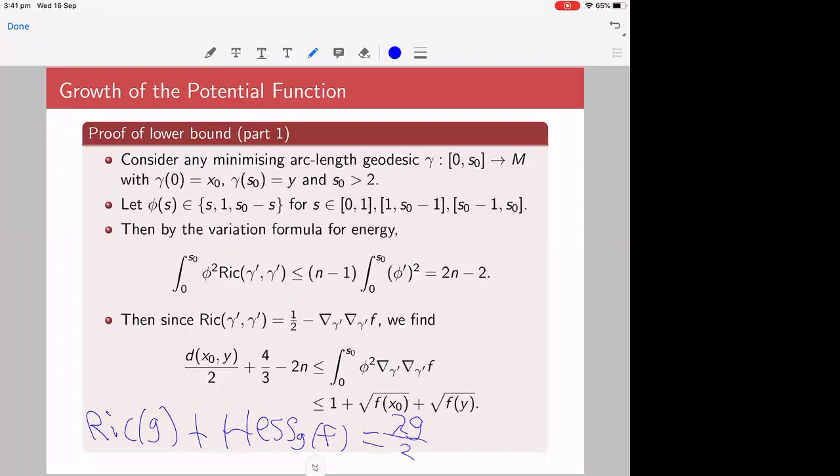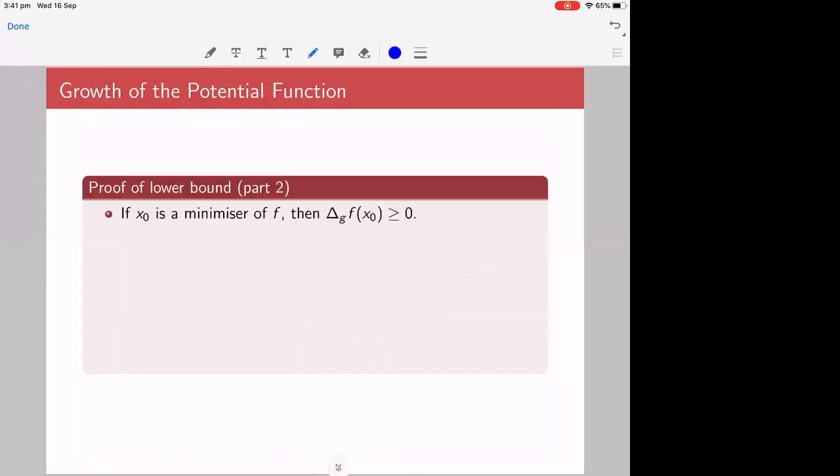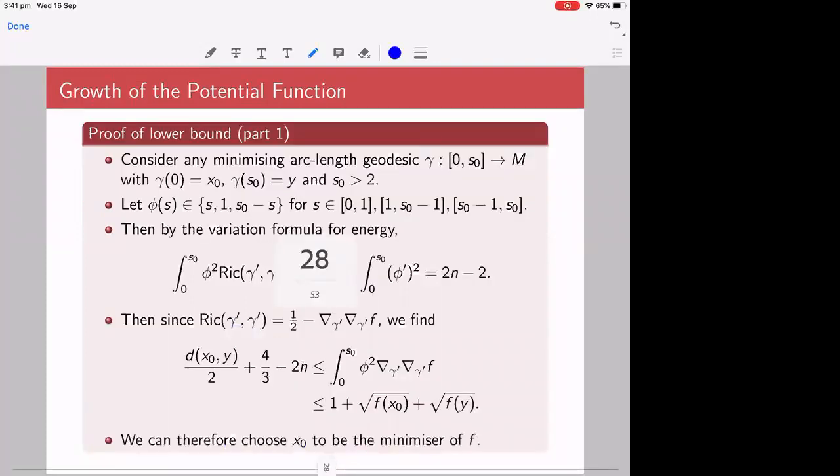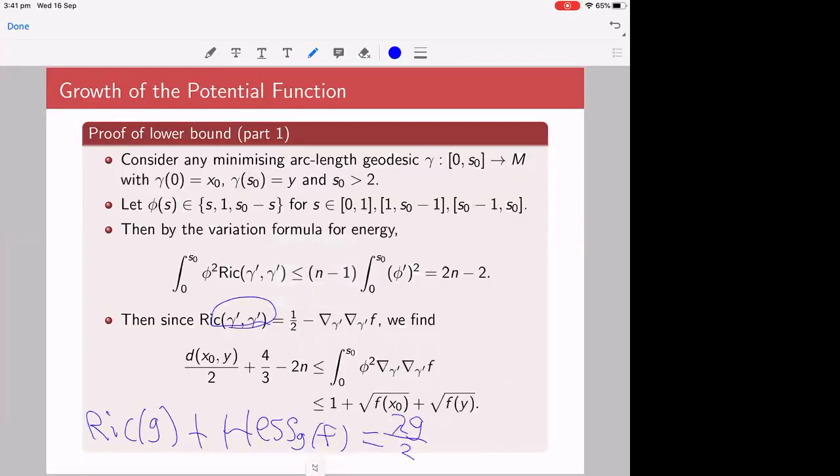The Ricci curvature is the same as the metric minus the Hessian of f. If we simply plug in these vectors into this bilinear form equation here, we find that the Ricci curvature in this direction is equal to 1/2, because remember, lambda is equal to 1/2, minus, now we're taking the derivative of f with respect to gamma dash twice.